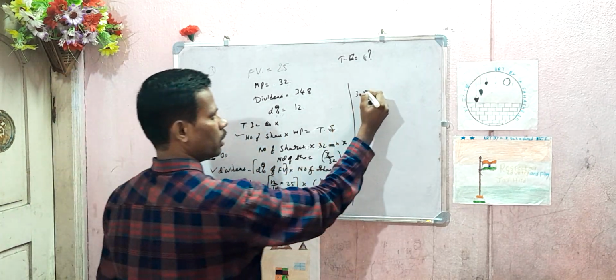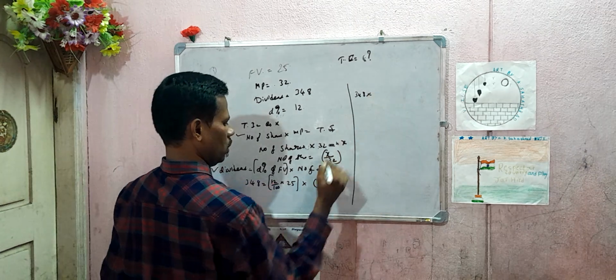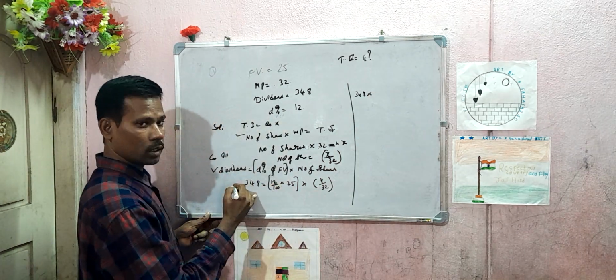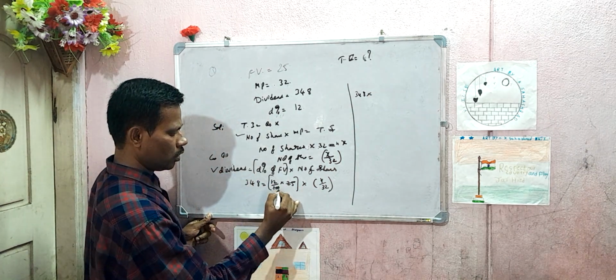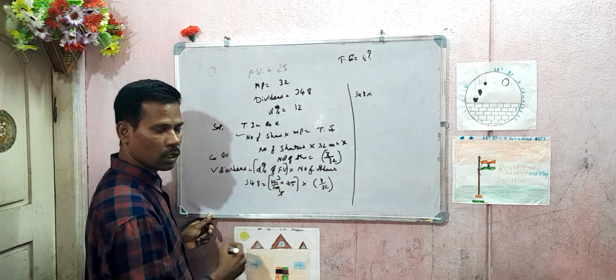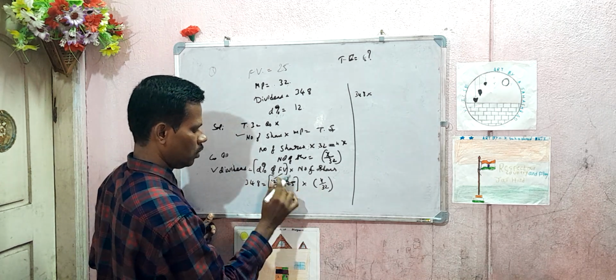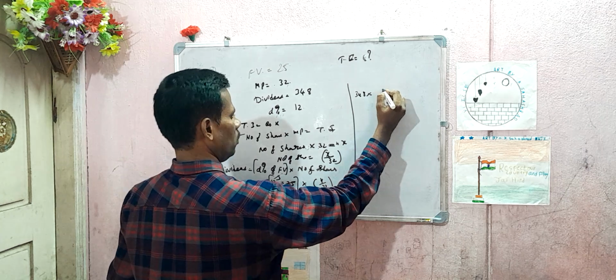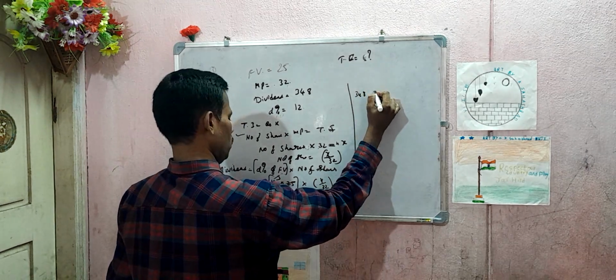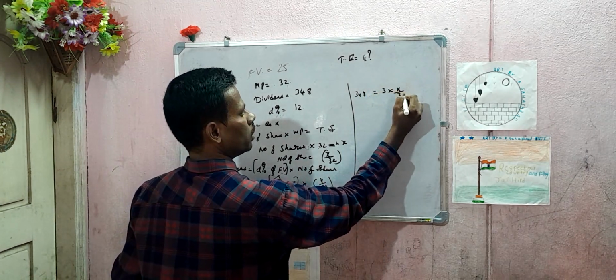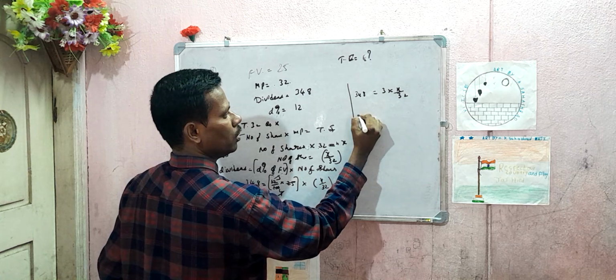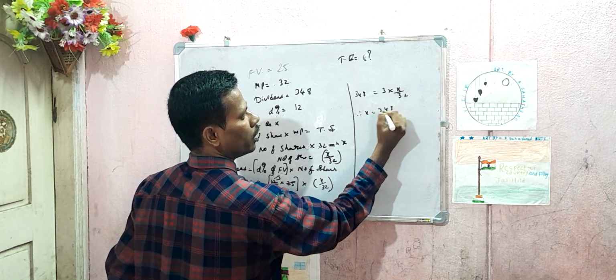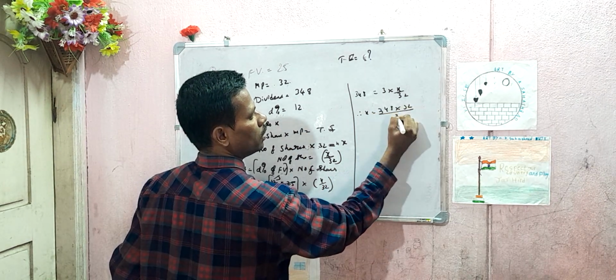So 348 into, so this whole thing transposes here. 25 4s are 100, 4 1s are 4, 3 remains as this, you cannot cancel it. 348 is equal to 3 into X by 32. Therefore X is equal to 348 into 32 by 3.